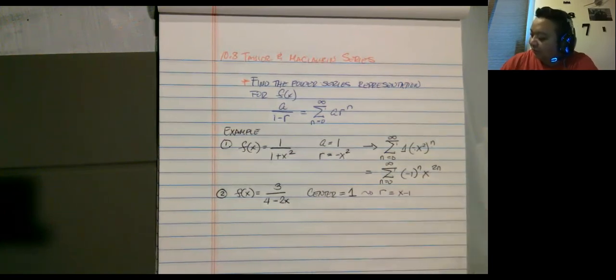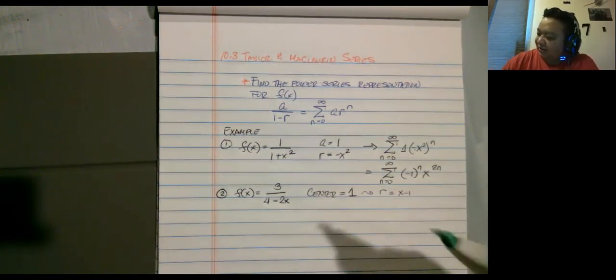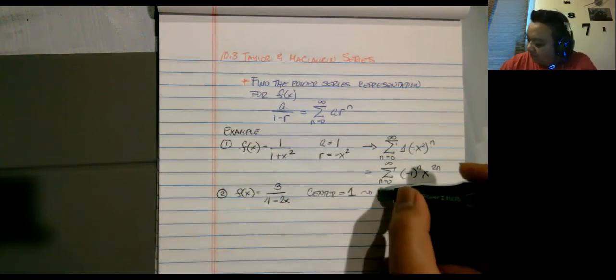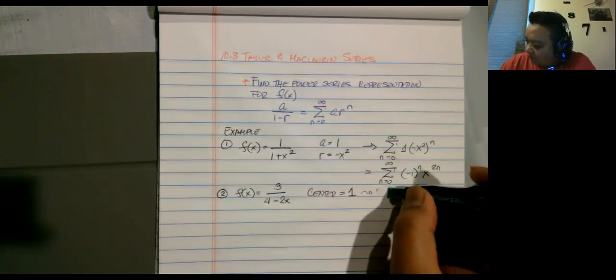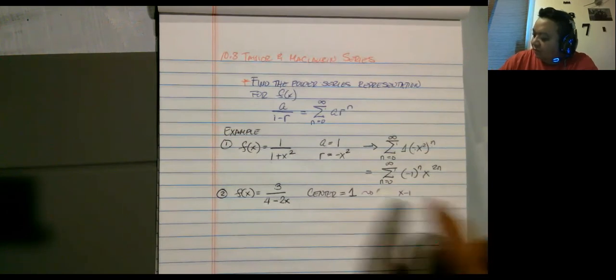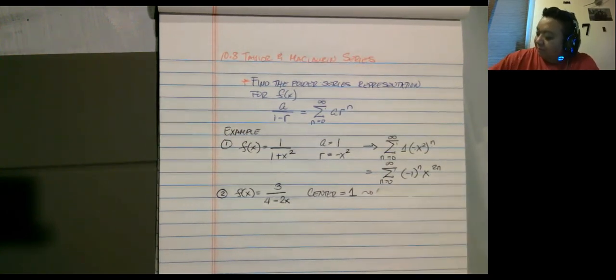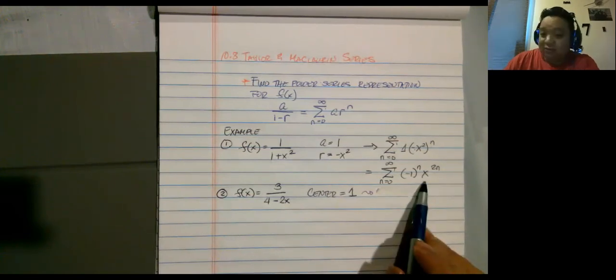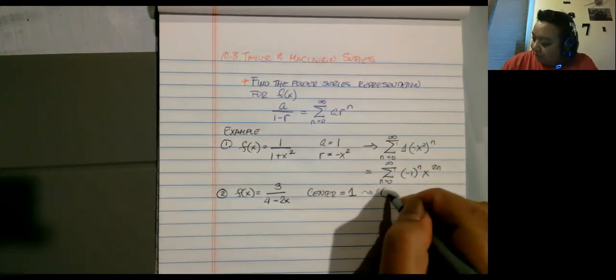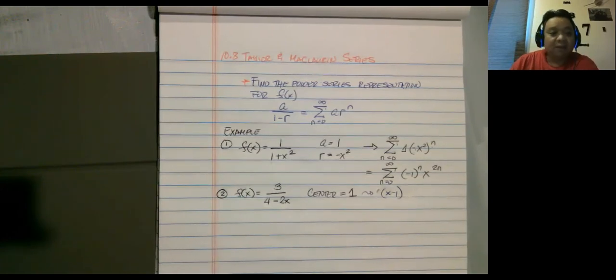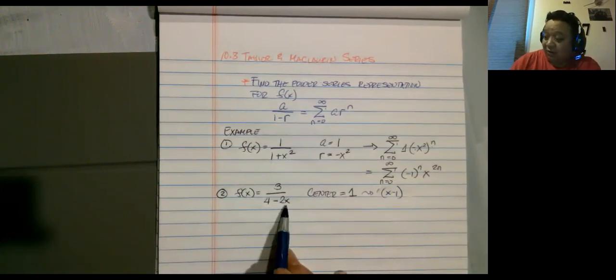I shouldn't say r. Let me erase that. But basically, I want my power series to be in terms of x minus 1. And so I need that over there. So we're going to algebraically try to put x minus 1 there.